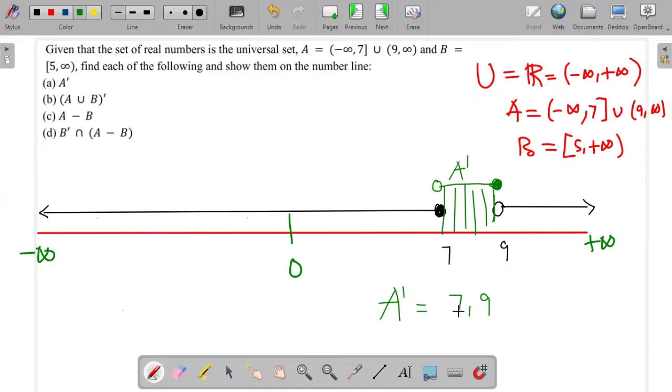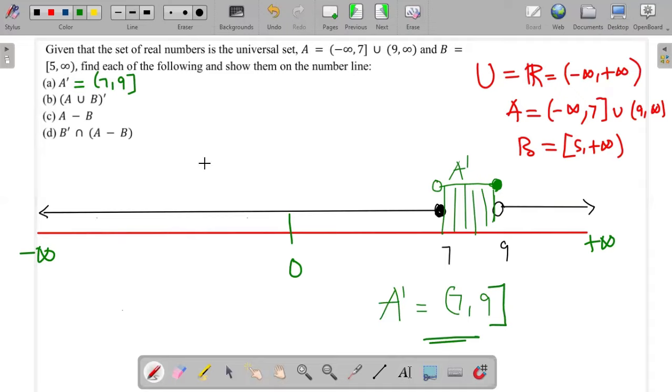And then you ask yourself, is the 7 included? The 7, no, because there's an open circle there. So put a curved bracket. Is the 9 included? Yes, because it's shaded there. Okay, so I put a square bracket like that. So that is my A complement, 7, 9 like that. Okay, any questions there?